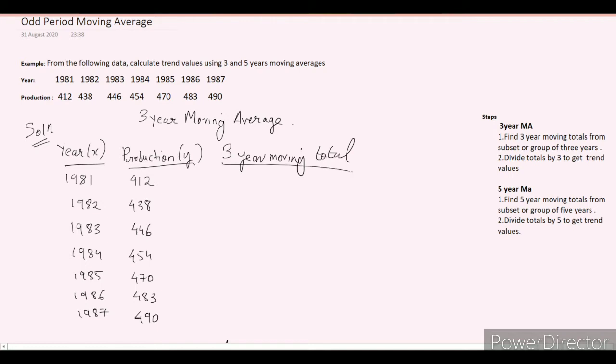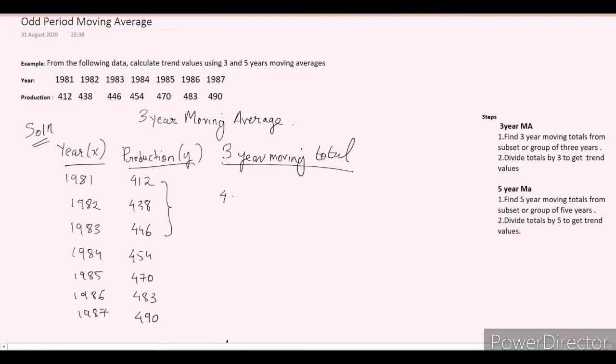We have to take a group of 3 years, find the total and place that against the middle year. Let's take the first group, 1981, 1982, 1983. We know that 1982 is the middle year, so the total will be placed against that year.